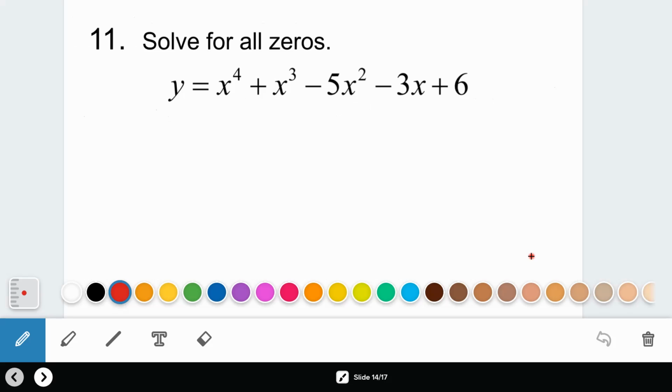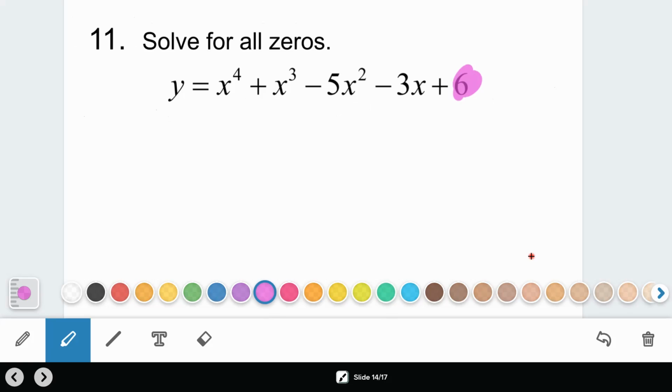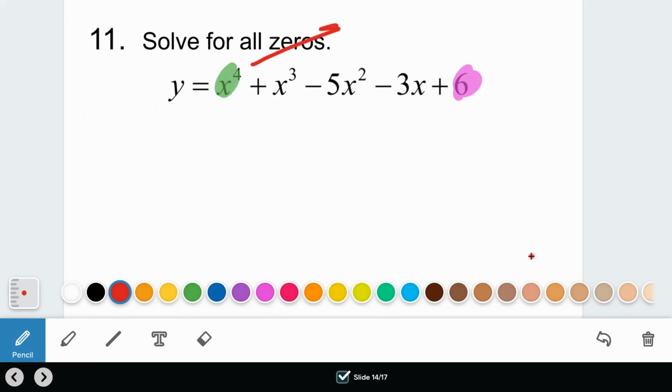Okay, on 11, we want to be looking at our P's and Q's. So our P's and our Q's are going to come from here, which is going to be plus or minus 1. So that is going to give us a plus or minus 1.